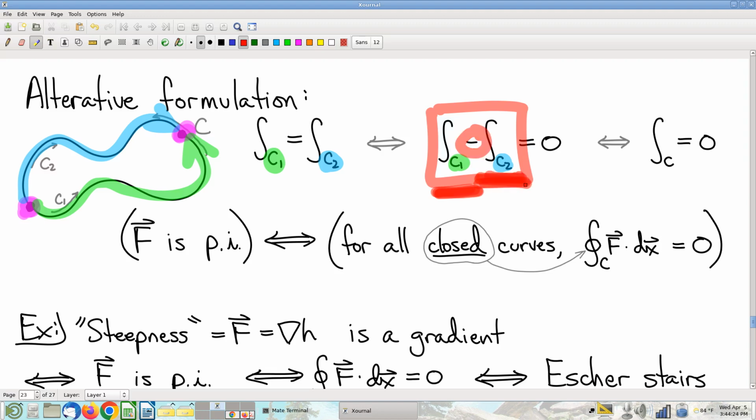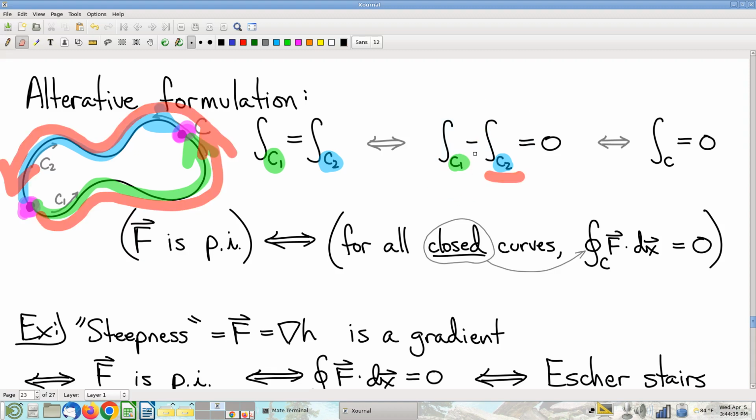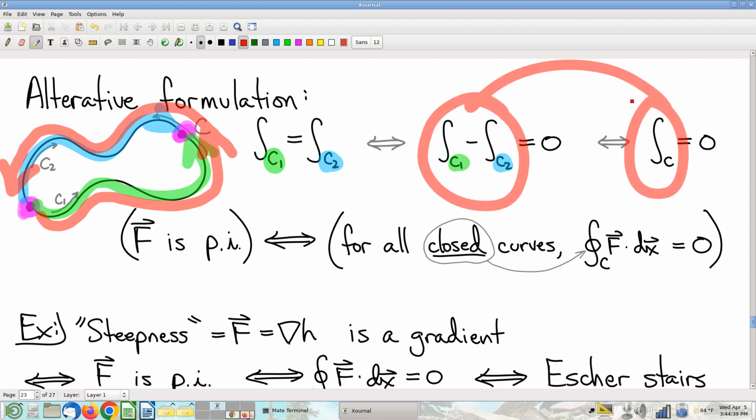Let's think about what that curve looks like. That's C1 followed by moving backwards along C2. And notice what it is altogether. This difference is just a line integral on that single closed curve that starts and ends at that same starting point. So that's the rephrase.